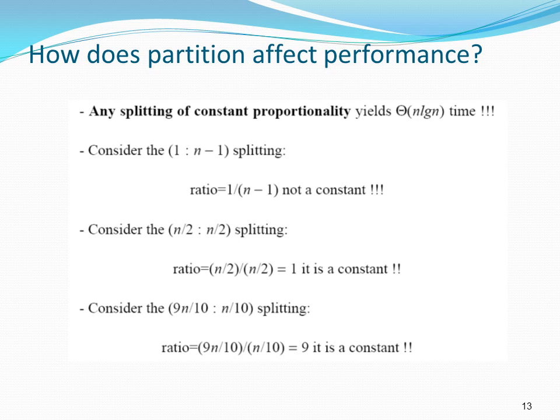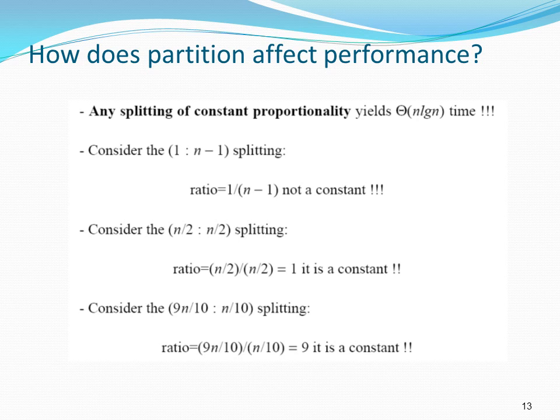How does partition affect performance? Any splitting of constant proportionality yields n log n time. Consider a 1 to n minus 1 splitting: 1 by n minus 1 is not a constant.